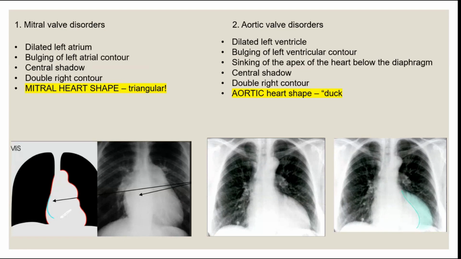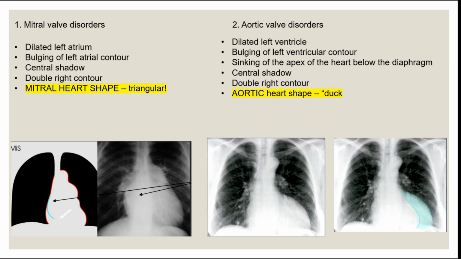Another two features of the heart that are very important, in case they want to let you pass, they will ask you these questions. The mitral valve: how do mitral valve disorders and aortic valve disorders appear? We will see that the left atrium is dilated and there is bulging of the left atrial appendage.